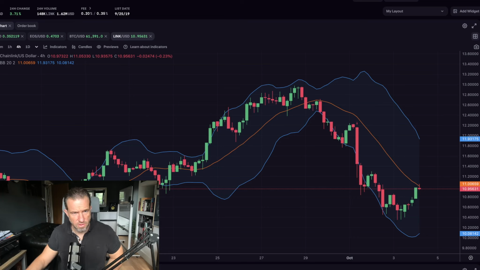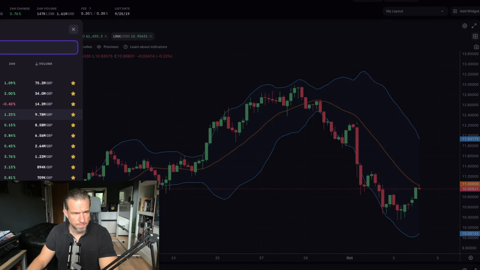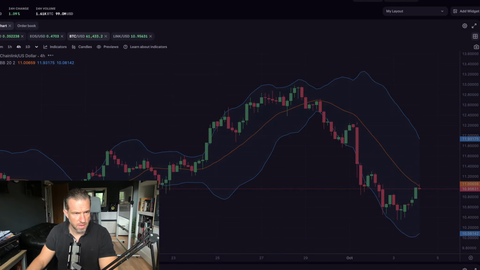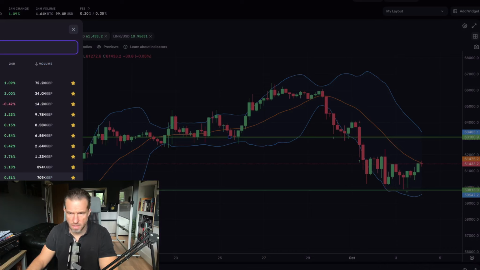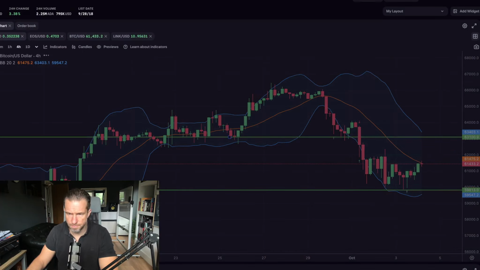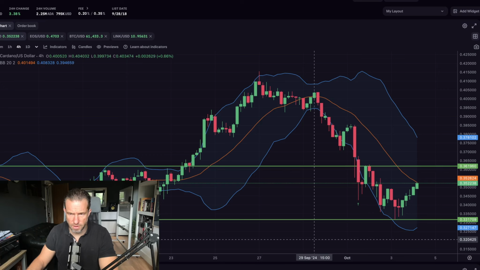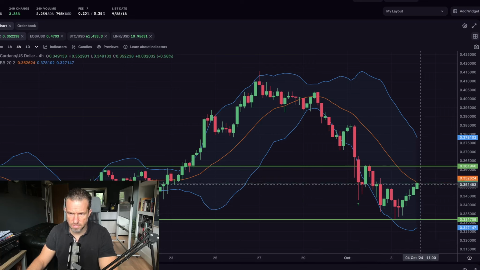If not, then I'll leave this one. So it's those two, Bitcoin dollar and Cardano dollar. I'm waiting for a close a little bit higher, or at least breaking through this orange line here.